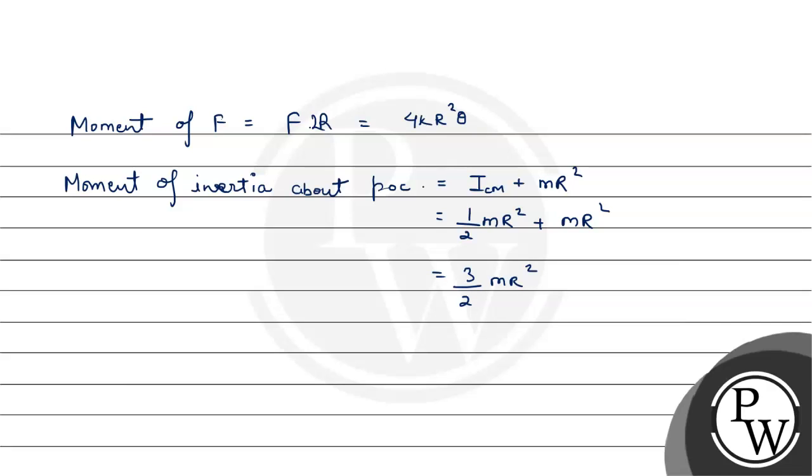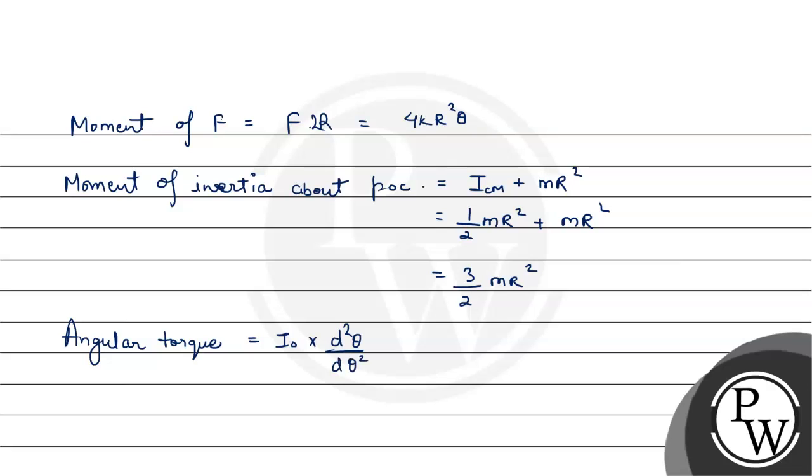So now we can find out the angular torque of the body. We are trying to find the equation of motion for the cylinder. So what is angular torque? It will be given by I naught into d2 theta upon dt2.